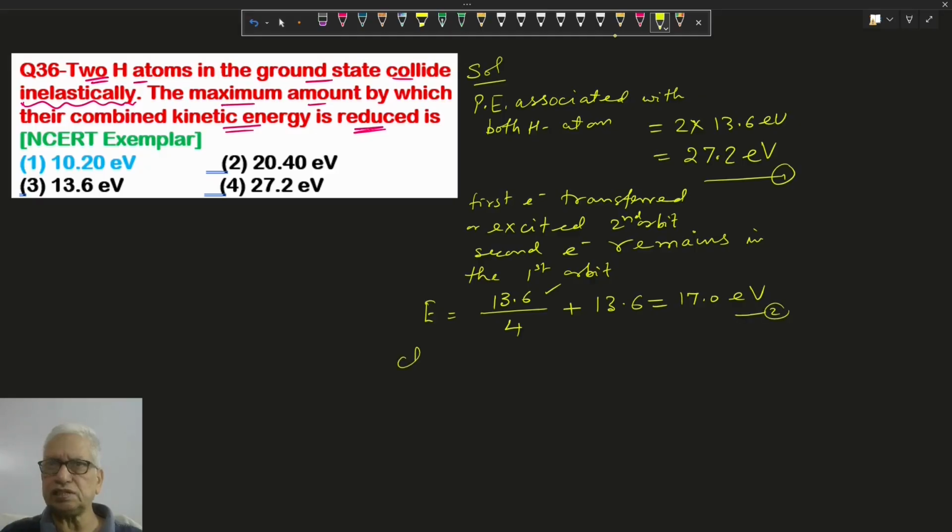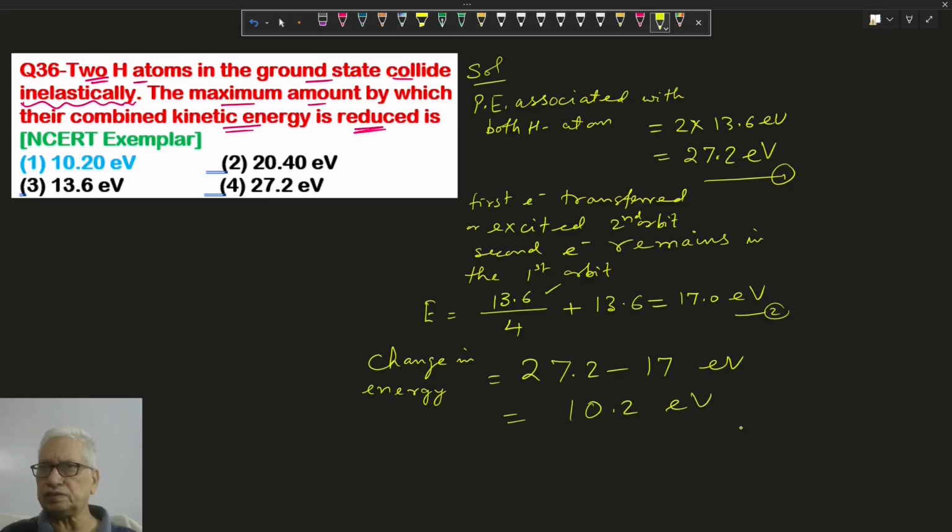Now the change in energy is the initial energy minus the final energy, which comes to 10.2 electron volt. Whatever the change in energy, that is converted into loss in kinetic energy. So the kinetic energy is reduced by 10.2, which means option 1 is correct.